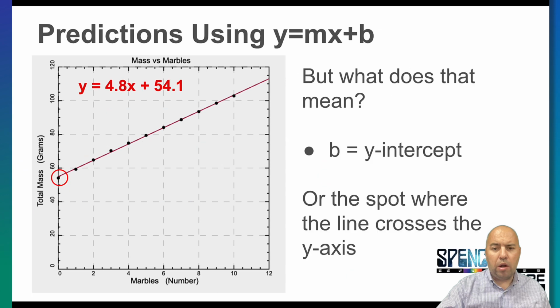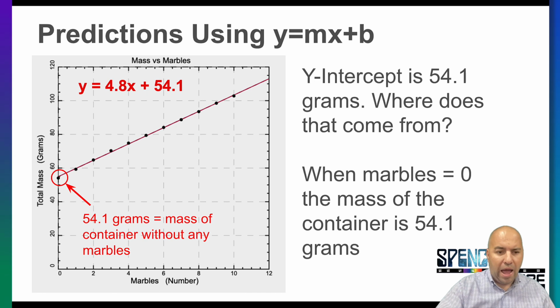The next thing we want to look at in y equals mx plus b is this b, which is the y-intercept. The y-intercept is the spot where the line crosses the y-axis. But let's think about what this really means for our graph. If I take a look here, the line crosses right here at about 54.1 grams.